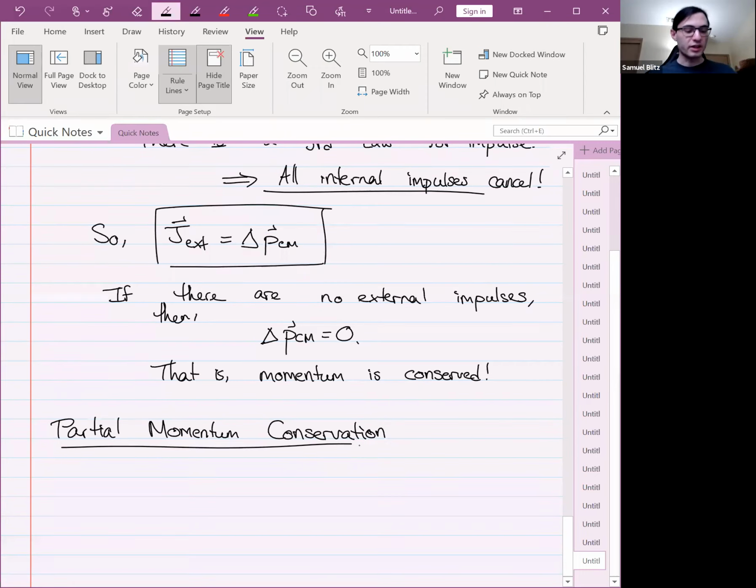So when we write, like I just said, that the external total impulse is equal to the change in center of mass momentum, we really mean the following.